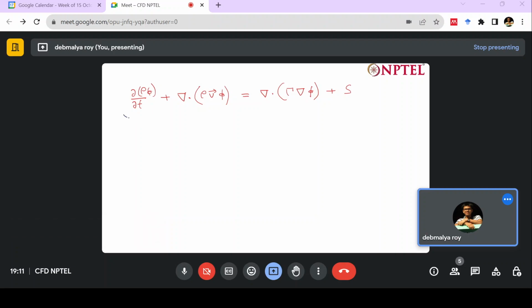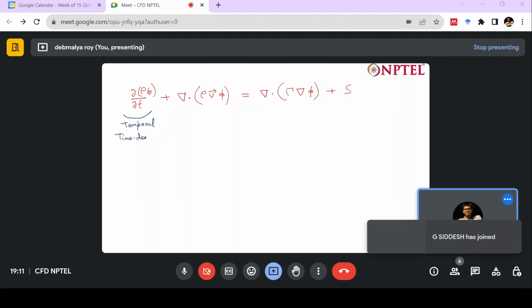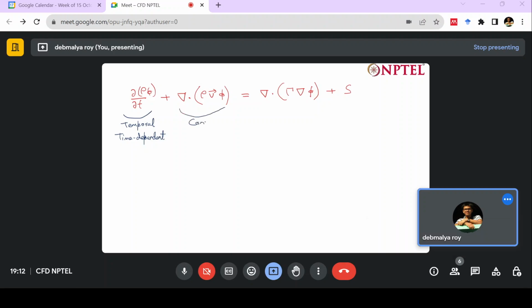This term is a temporal term, or the time dependent term basically. This is the convective term, or the advective term if you want to be very specific.